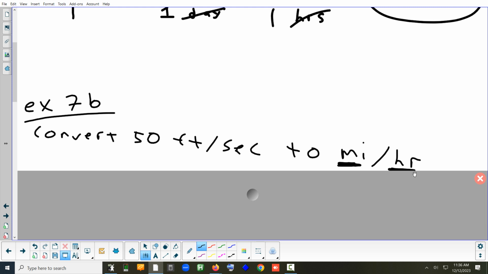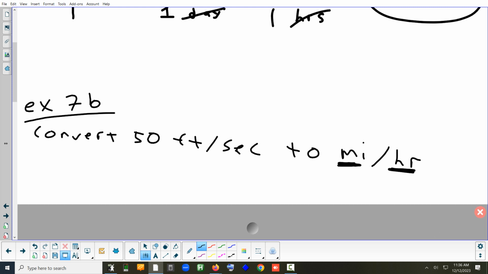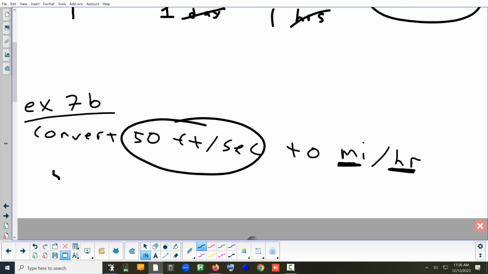So we're going to convert 50 feet per second into miles per hour. So 2 things need to be fixed. Feet has to change to miles, and seconds has to change to hours. So when they say this, what does that mean? 50 feet in how much time? 1 second.